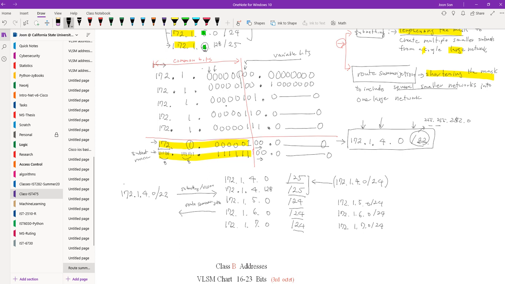If you draw the diagram, you should be able to draw this network diagram.